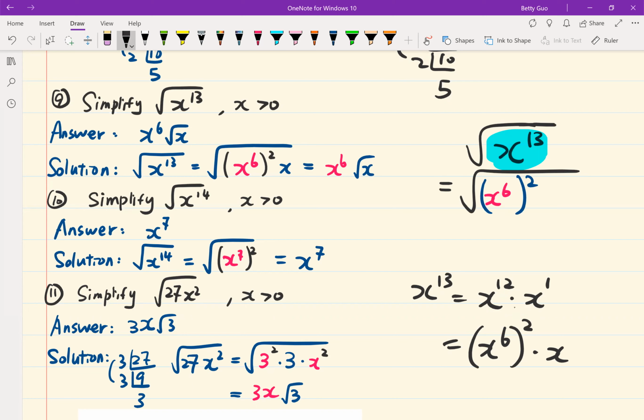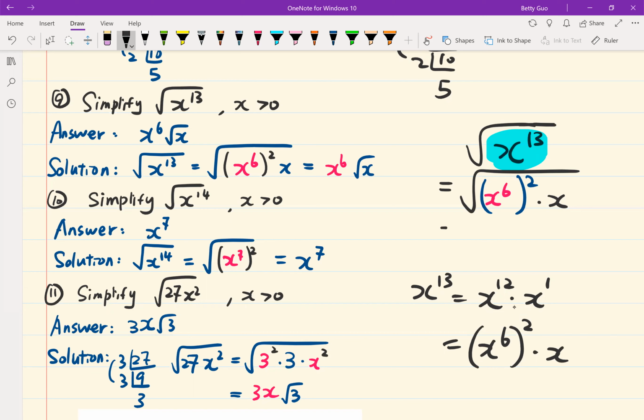squared times x. Let's pause here and ask a question. Do you see what's going on here? Do you have any questions? So everybody, so far so good? Okay. So could we move x to the power of 6 outside the radical? Yes, because x to the power of 6 has a square on its shoulder.